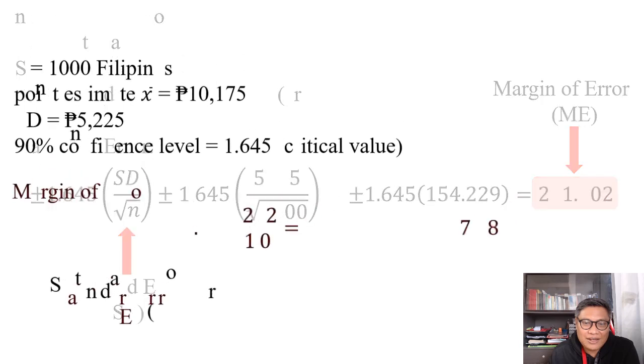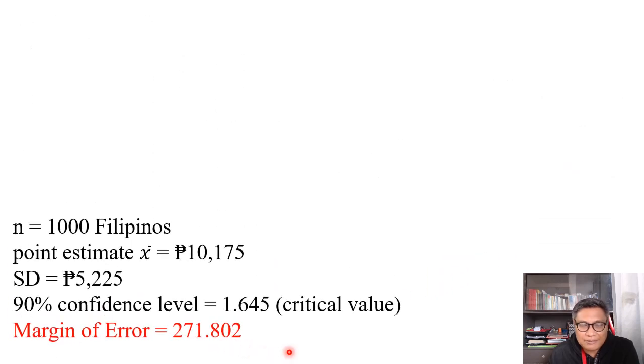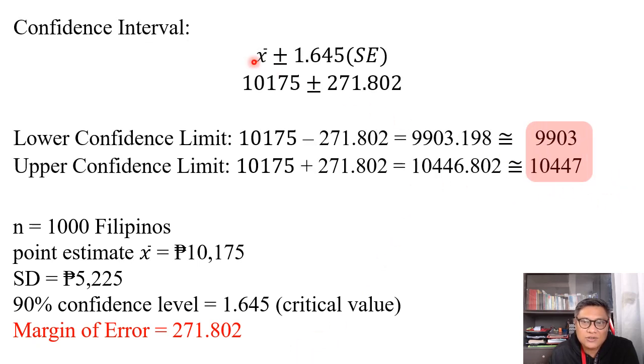Then we can now create our confidence interval. So the confidence interval again is your point estimate, which is the 10,175 plus and minus the margin of error that we just solved to be 271.802. Then we subtract it and we add it from the sample mean and we have the results.